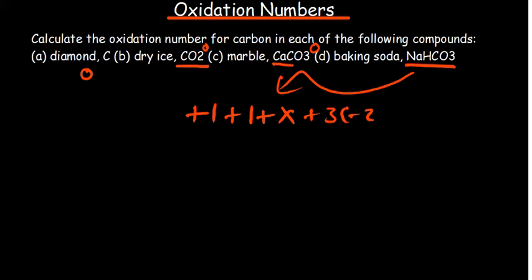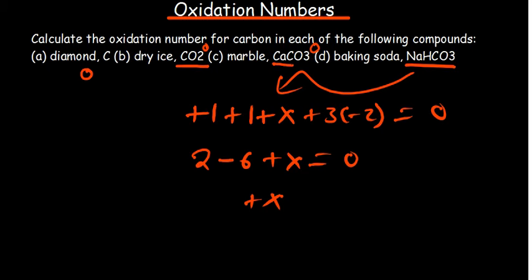The charge is 0. So 1 plus 1, 2, minus the 6 plus X is equal to 0. So our X is equal to a positive 4. So the oxidation state of our carbon atom is positive 4, not necessarily the charge. Okay, so I've answered question 1.